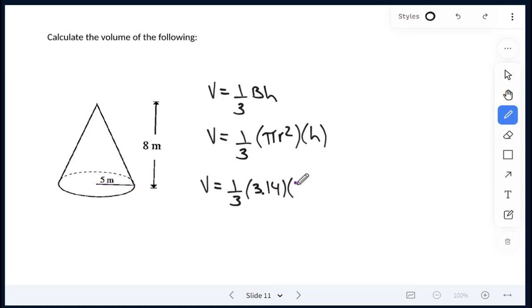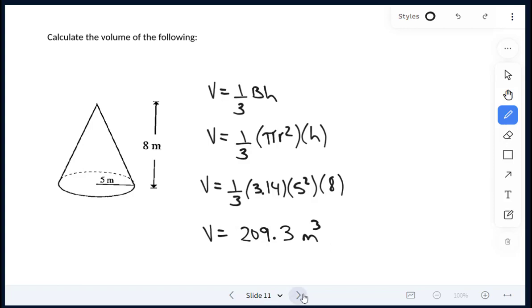Radius is 5. It's 5 squared multiplied by height, which is 8. Multiply all of that together, and we get 209.3. It is repeating. We'll just round it to 209.3 meters cubed.